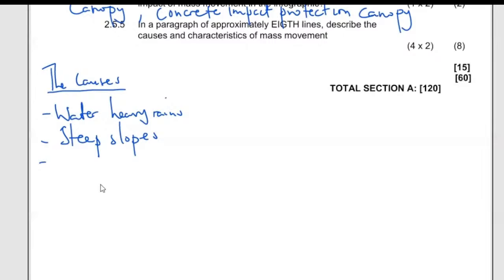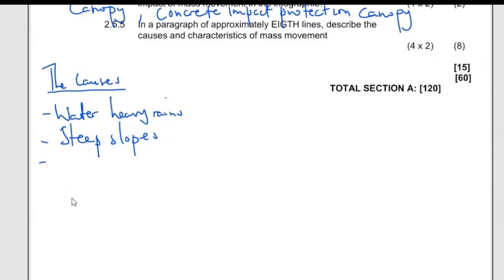And we need to look at the features. When we're looking at mass movement, we are looking at factors like the high speed of the movement. If an area is steep, it is going to cause mass movements which are more destructive. Why? Because the material is going to move at a higher speed. Or if the level of saturation by rainfall is high, it also means the material is going to be heavy and is going to be moving at a faster pace.